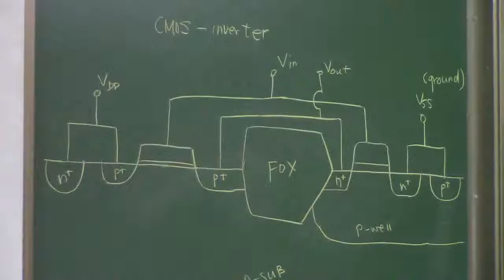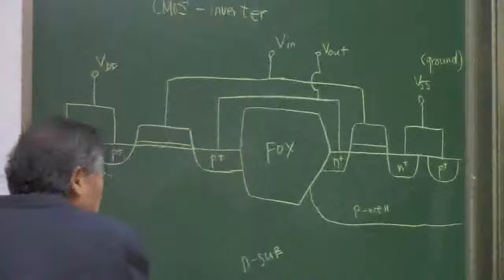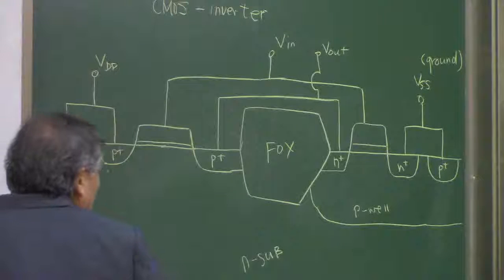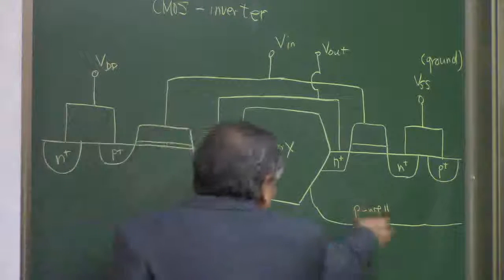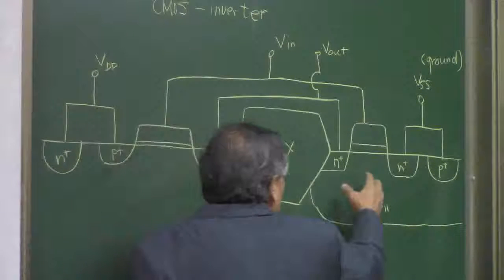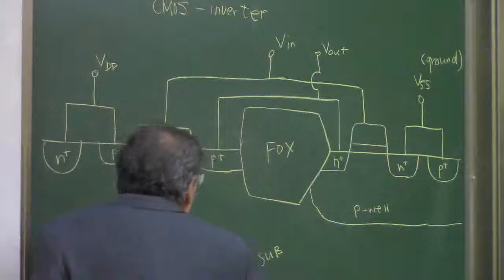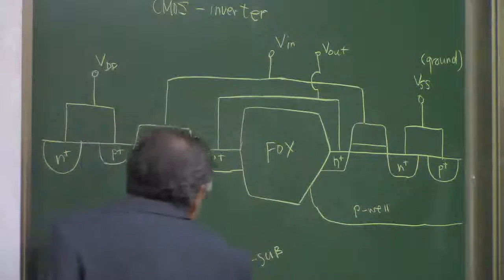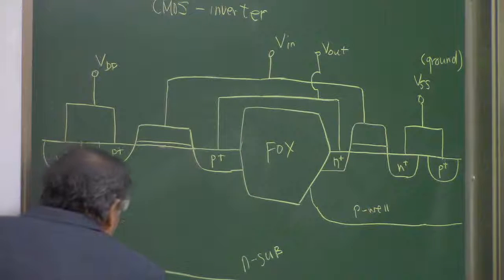Well, there are two types of CMOS. One is based on the PMOS, and you set up the P well to have NMOS. That is the base. This is the case where the PMOS is the base.